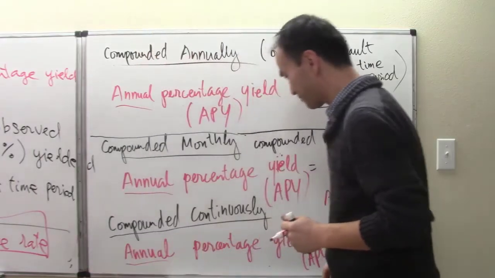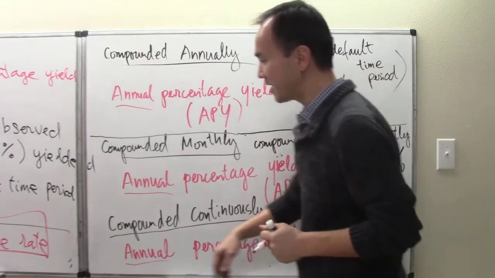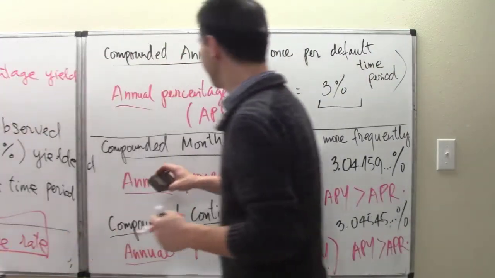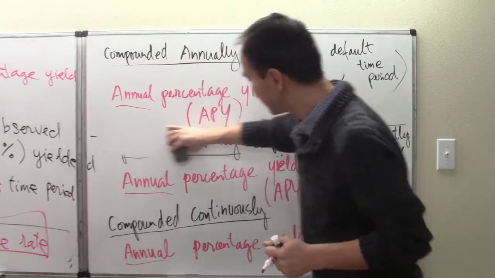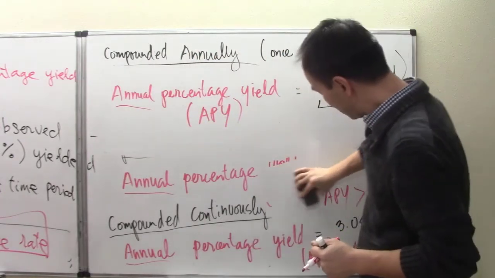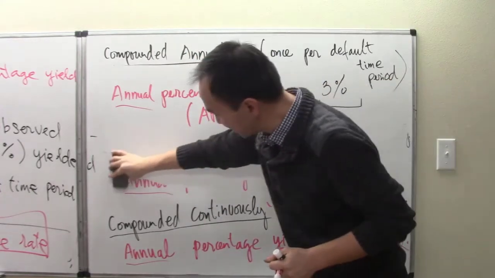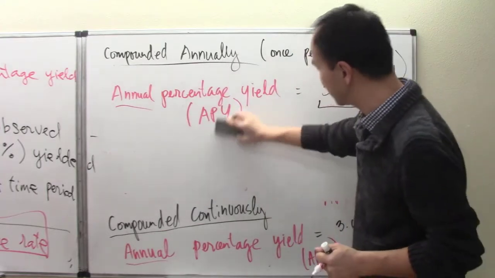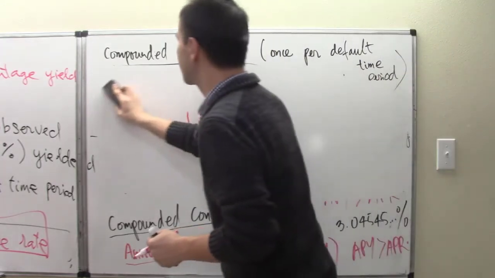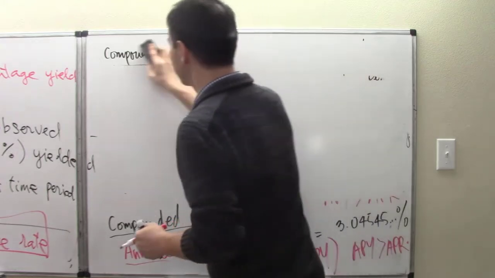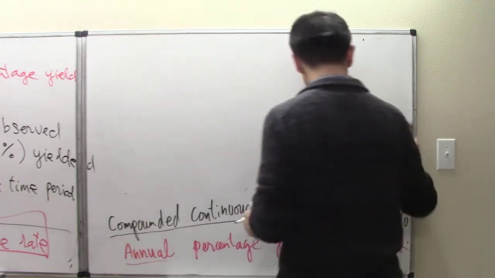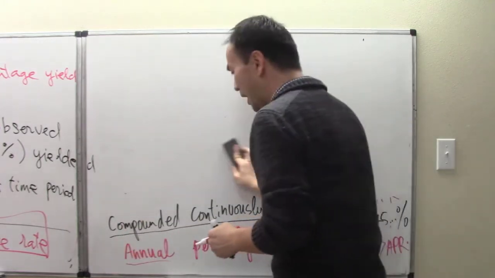And so now, back to this part of the board right here. Let me erase all of these other plans aside from compounding continuously right here. What I'm about to explain here is why does it matter?